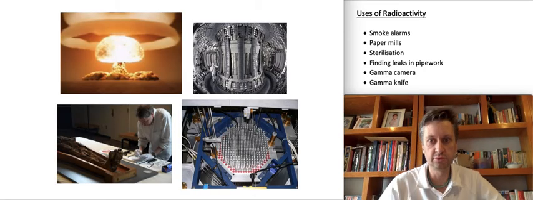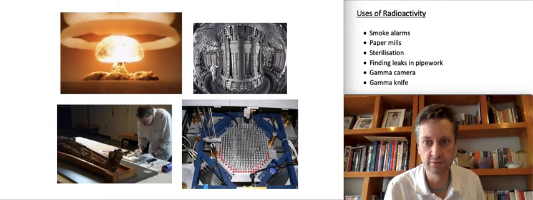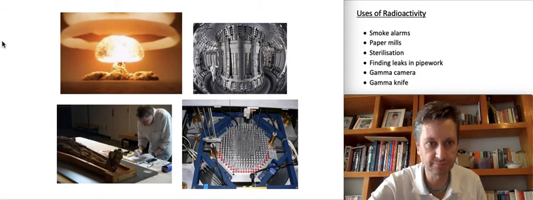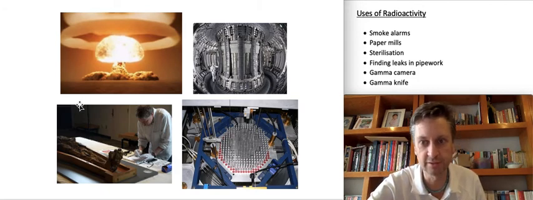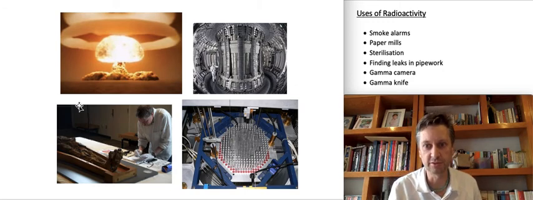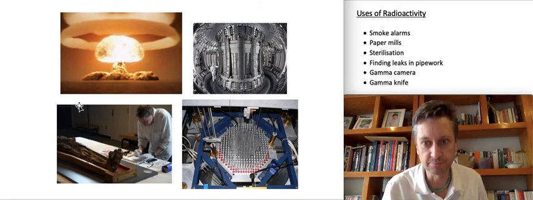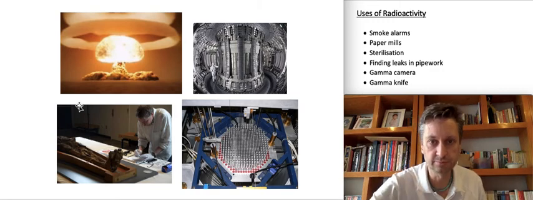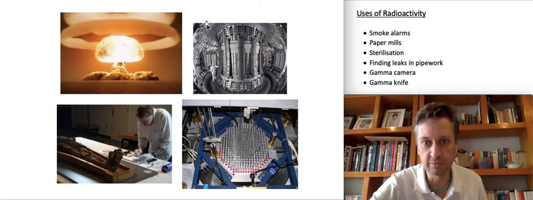Okay, so just before we move on to other new uses, just a recap of some of the uses that we've talked about already. This one, obviously. We've talked about nuclear fission and nuclear fusion in terms of bombs. This is the European prototype fusion generator that we talked about before for power generation.